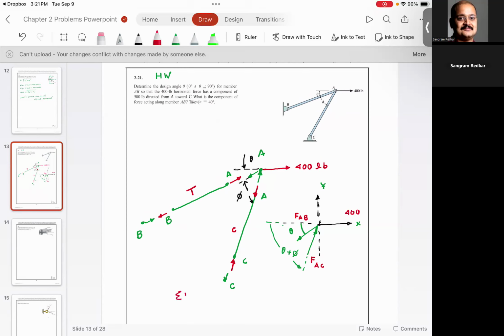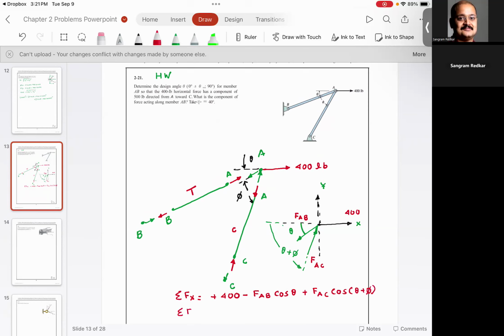The summation of forces in the x direction is equal to plus 400 minus FAB cosine theta plus FAC cosine of theta plus phi.